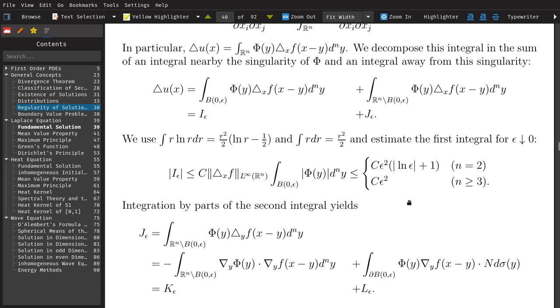So here you show that there's two different formulas depending on the dimension, because there are two different formulas for the fundamental solution depending on the dimension. But in both cases, when epsilon is small, this tends to 0. So the part near the singularity tends to 0. And then the part away from the singularity, you break up into something that is 0 and something on the boundary, because we know from the mean value principle that the spherical mean is going to have some nice property.